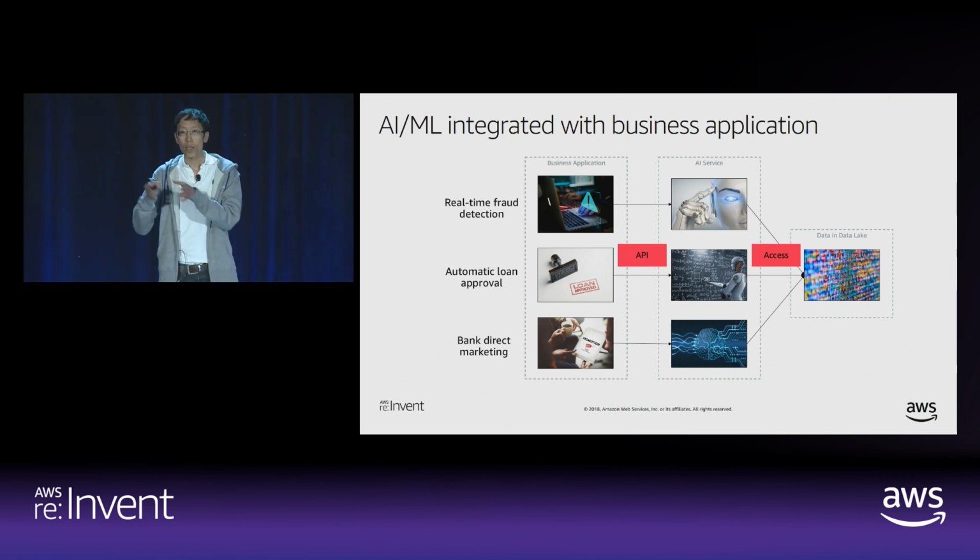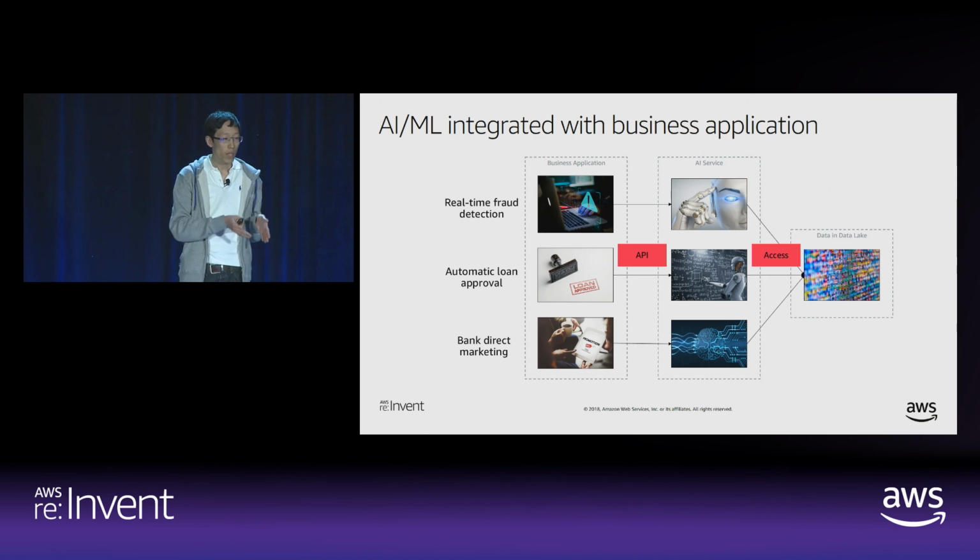So I'm going to divide the framework of AI/ML integrated into the business application with this concept. The first one is the business applications. Normally, the business application is maybe a web app, maybe a mobile app, some kind of application that you normally use, right?